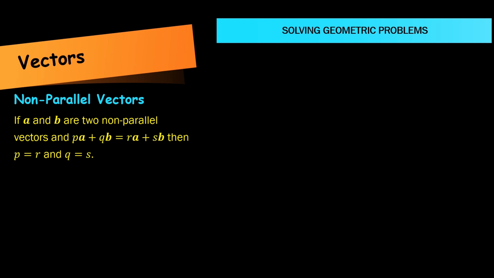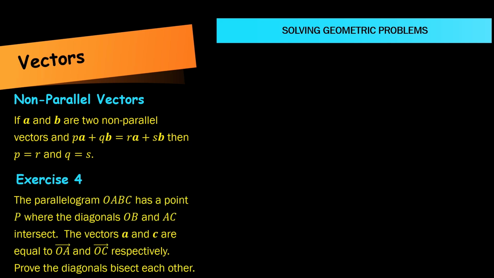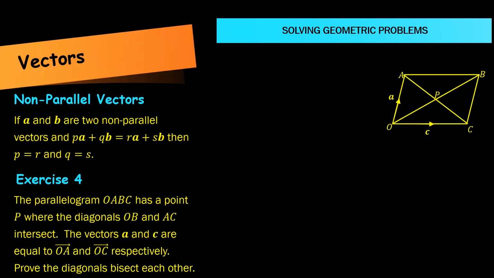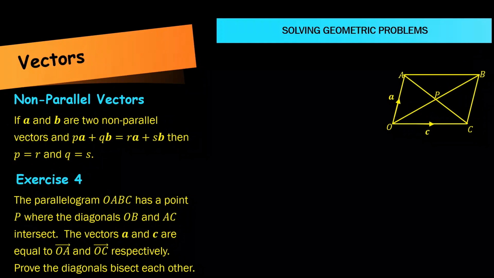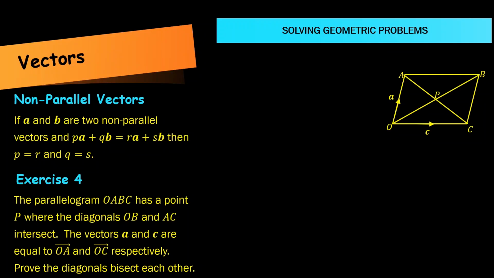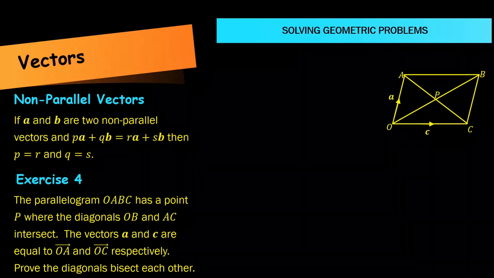So let's apply this to our exercise. The parallelogram OABC has a point P where the diagonals OB and AC intersect. The vectors a and c are equal to OA and OC respectively. Prove that the diagonals bisect each other.